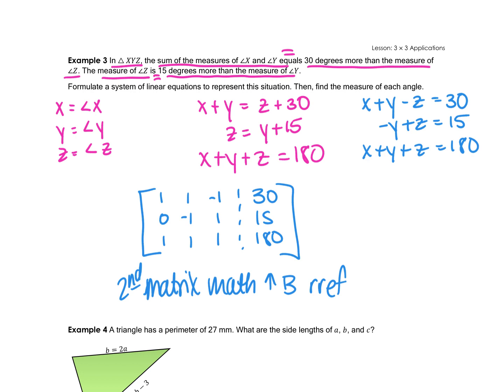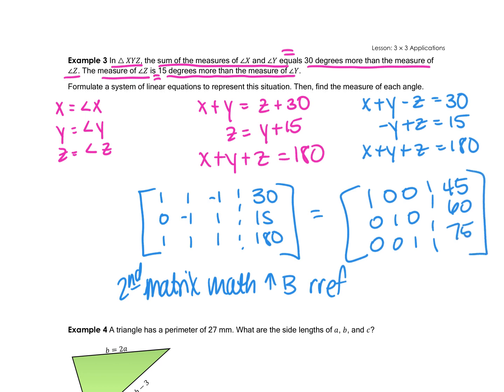All right, so when you do that, you should get a solution of 45, 60, 75. So the measure of angle X equals 45 degrees. The measure of angle Y equals 60 degrees. And the measure of angle Z equals 75 degrees. Okay?